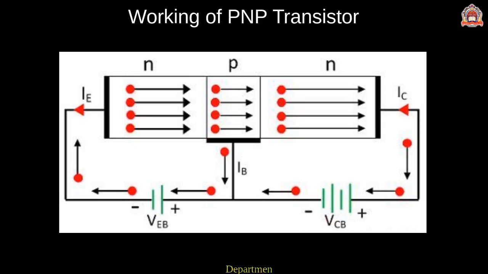The NPN and PNP are both bipolar junction transistors. It is a current controlling device, mainly used for switching and amplifying signals. Mostly the NPN transistor is used in current circuits because in the NPN transistor the conduction current is mainly by electrons, while in the PNP transistor the conduction current is because of holes.